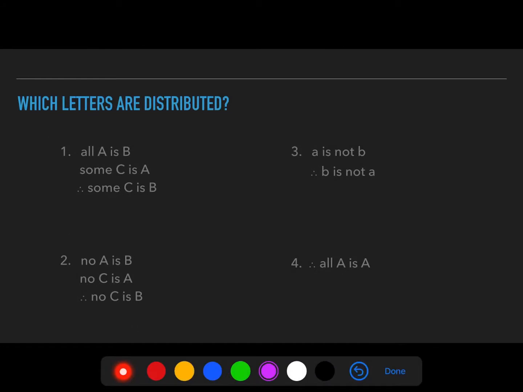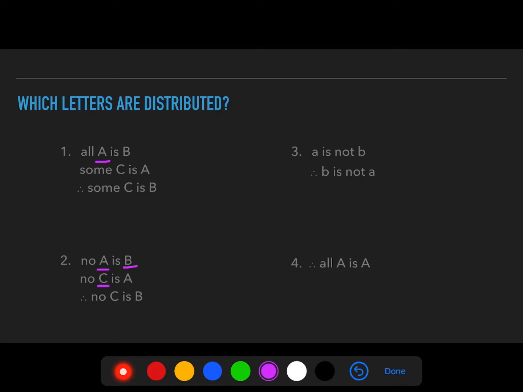So let's test this out. All A is B. Well, anywhere after all. So that's distributed. The A is distributed. But we don't have any no's or nots in there, so that's all we got. It's just the A in that one. Let's look at number 2. Anywhere after no. So both letters are distributed there.